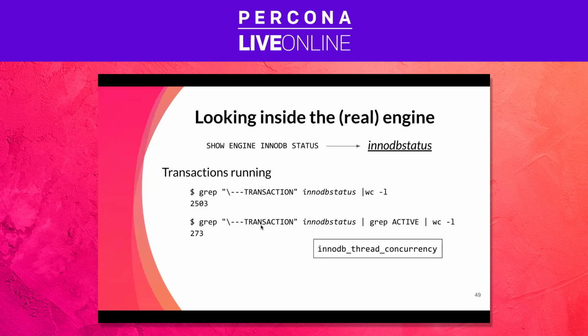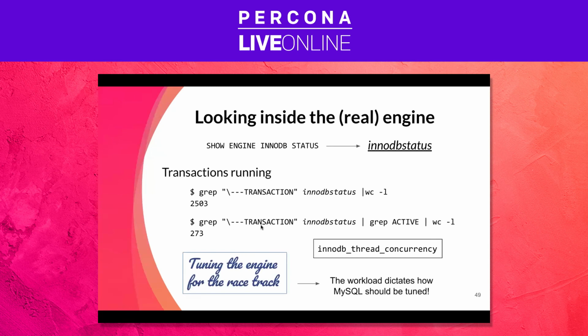And this is one of the best examples I have in mind when I think about this sentence here: tuning the engine from the racetrack, okay? The workload dictates how MySQL should be tuned. And this is an indicator. So if you have too many transactions entering inside InnoDB, but they are taking too long to complete because they are fighting for the same resources, then just go and limit the amount of transactions that can enter each time, okay?